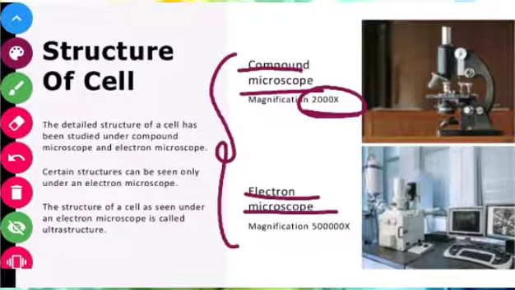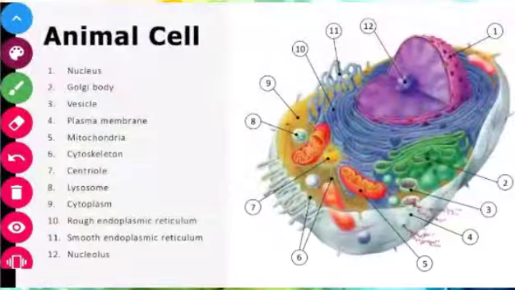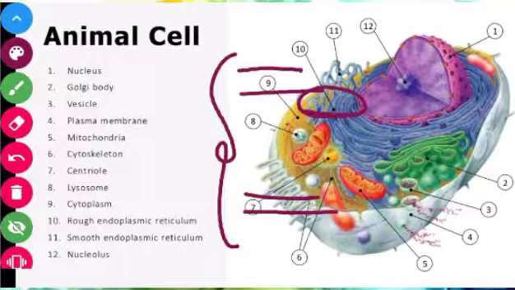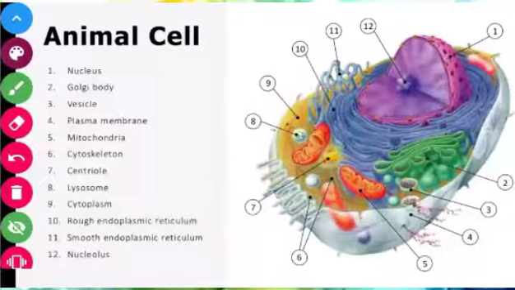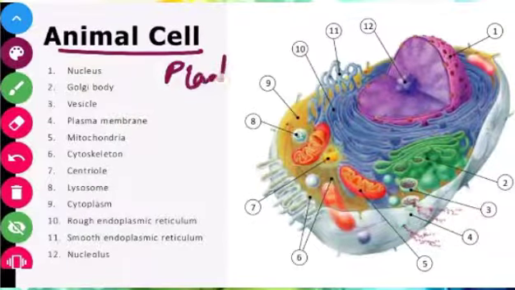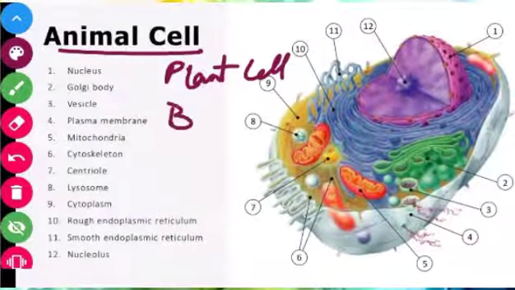Next, let us move on to the next slide, that is the animal cell. As you know, there are three types of cells: the animal cell, the plant cell, and the bacterial cell.